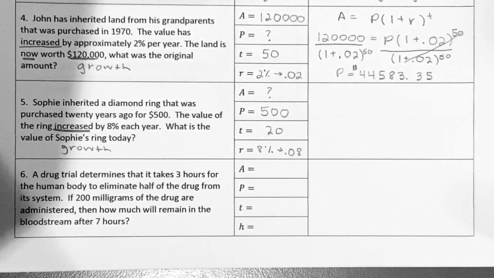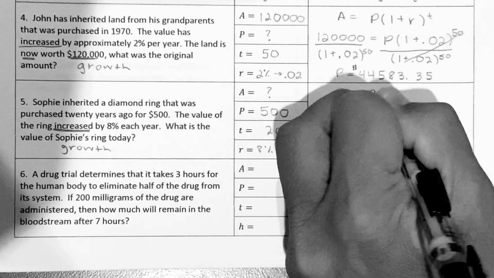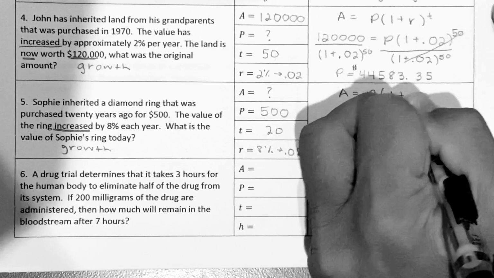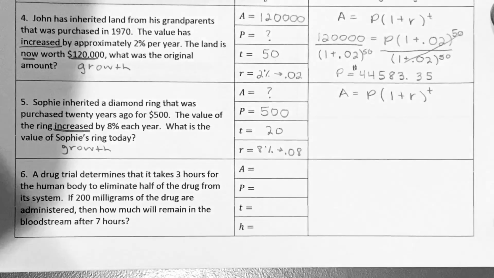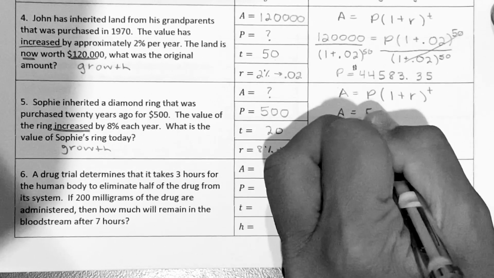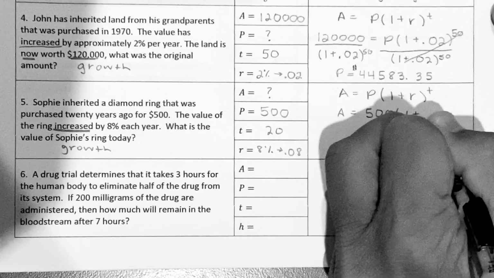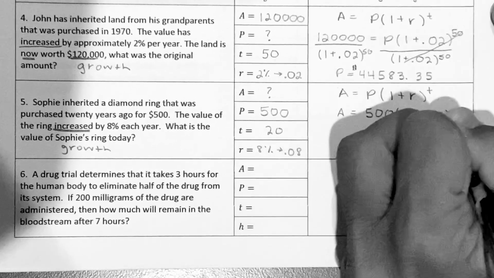So unlike the last one, this one you can just plug into the growth formula exactly as is. So when you're solving for your A value, you don't have to divide. So we have A equals 500 times (1 plus, the rate was 8%, 0.08) raised to the 20th.